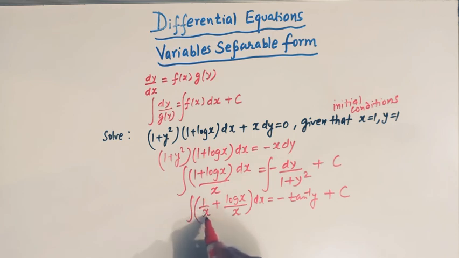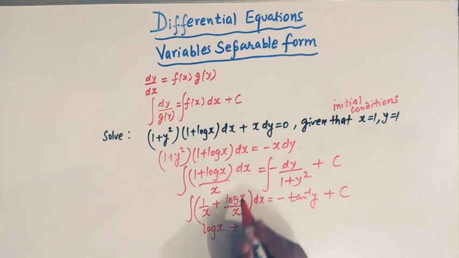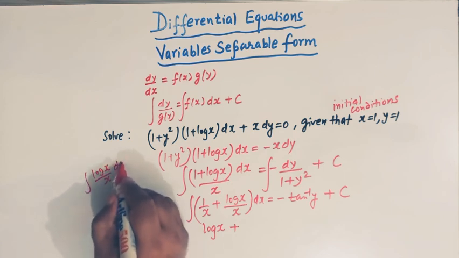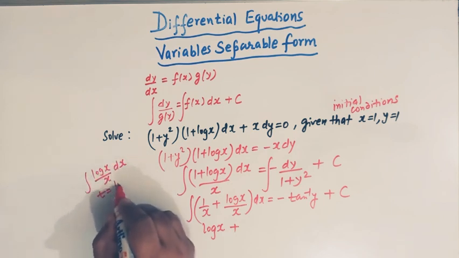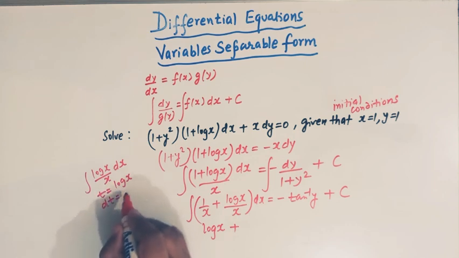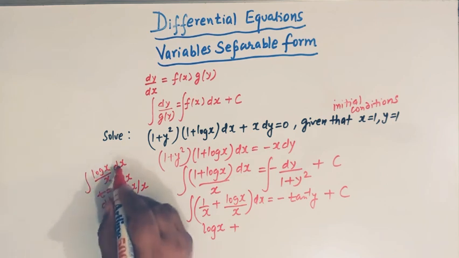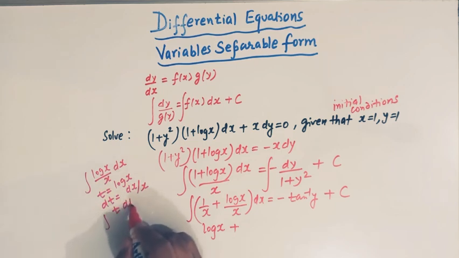Now the integral of 1 over x is log of x, and to find the integral of log x over x, what we do, we put t is equal to log x, so dt is equal to dx over x, and this integral becomes log x is t and dx over x is dt, and the integral of t dt is t square over 2, and this is log x square over 2.